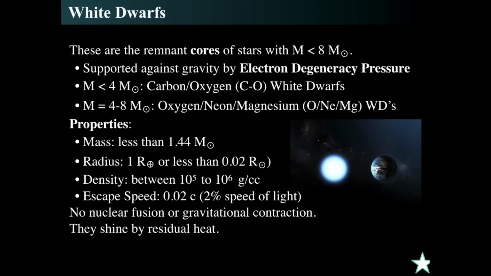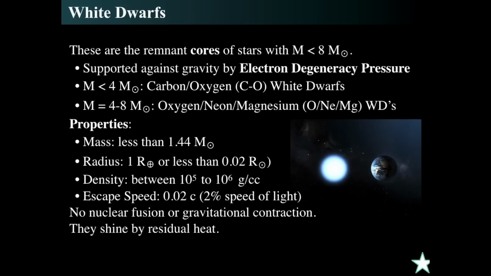So white dwarfs themselves are the remnant cores of dead stars. And they're stars which were formed from something less than 8 times the mass of the Sun. They're supported against the pressure of their enormous weight. Remember, a typical white dwarf is about as big as the Earth. They're supported by electron degeneracy pressure, which is basically packing the electrons together.